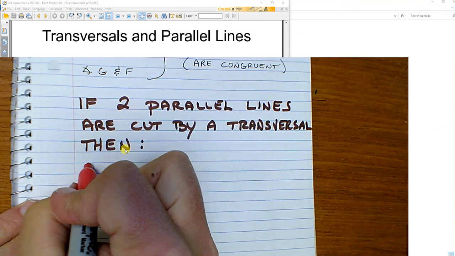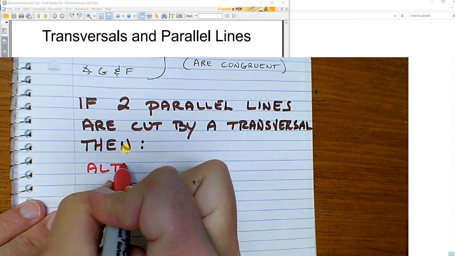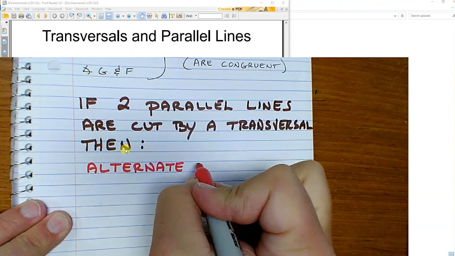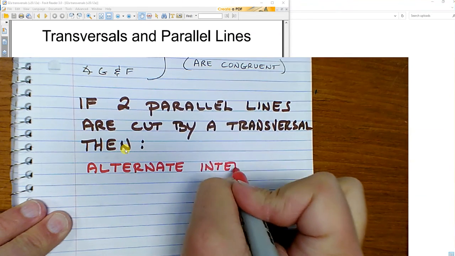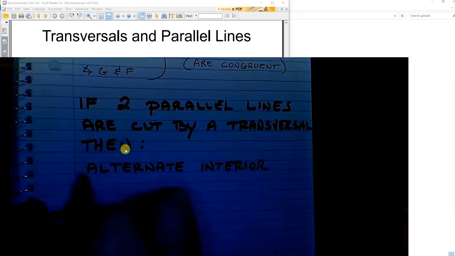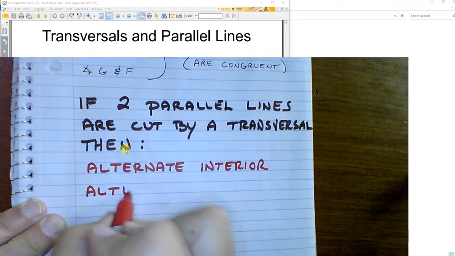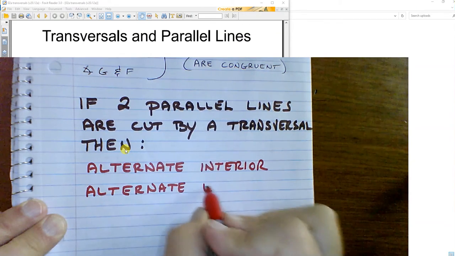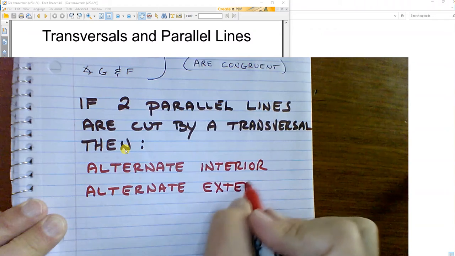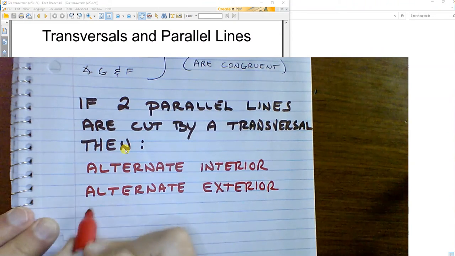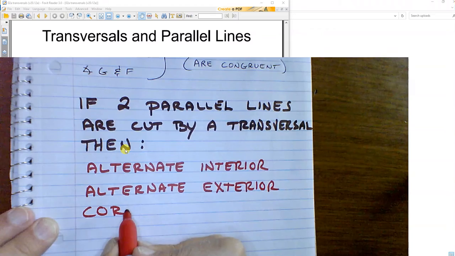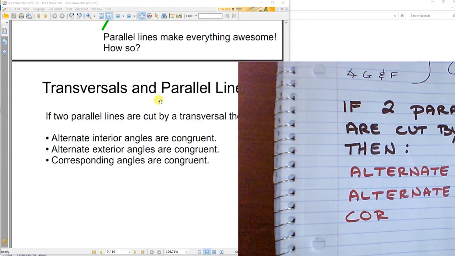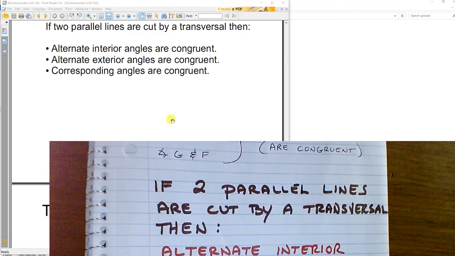Alternate interior, alternate exterior, and corresponding angles are congruent.